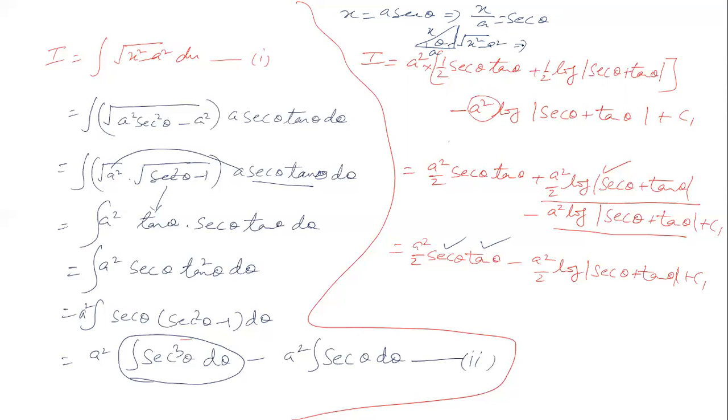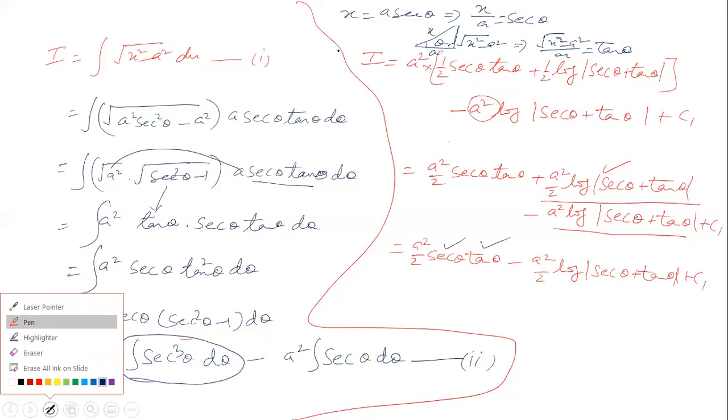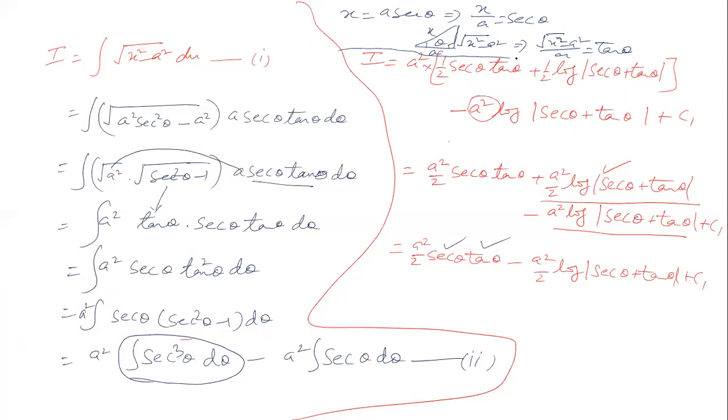From here you can find out square root of x square minus a square upon a equals tan theta. Using these two values, sec theta and tan theta, and substitute here, say this is equation number 3.